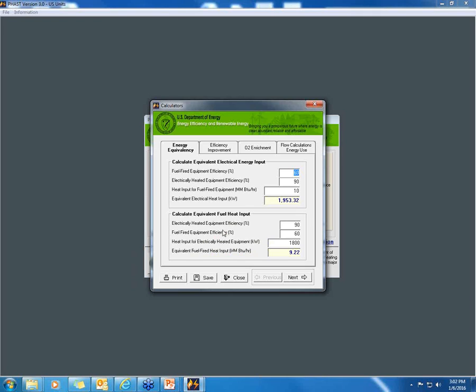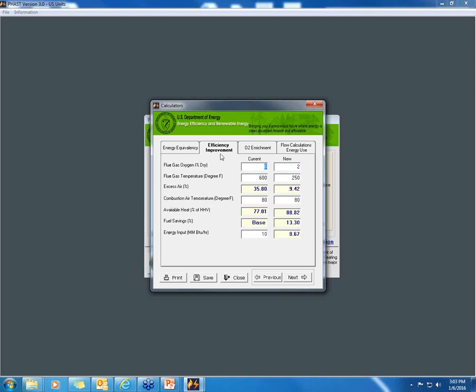You can use this calculator to do that analysis. Or if you are switching from electrotechnology to a fuel-fired system, you can also use this calculator. It's basically an easy-to-use calculator without spending a lot of time.